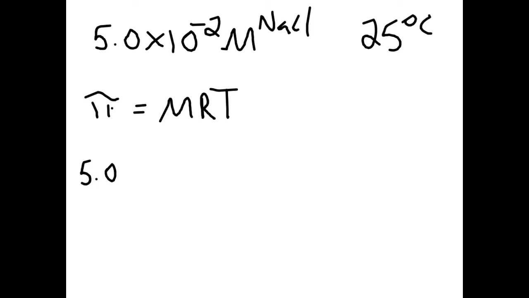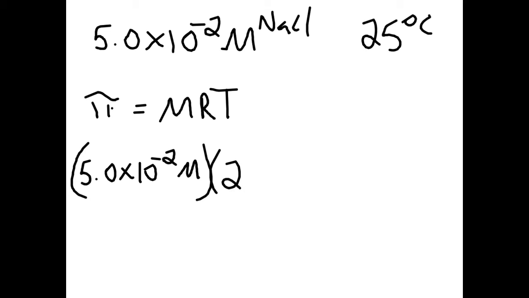So, I have 5.0 times 10 to the negative 2 molar times, what's my i? Two. Sodium chloride is ionic, so it breaks up into 2 pieces.